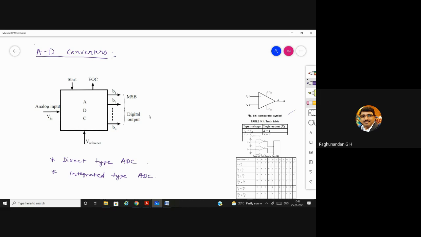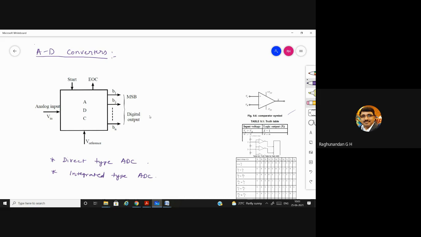In the direct type, we'll be having op amps and an 8 to 3 encoder, or some combination of the comparator, latch, and a DAC. Altogether, we combine them and get the output.